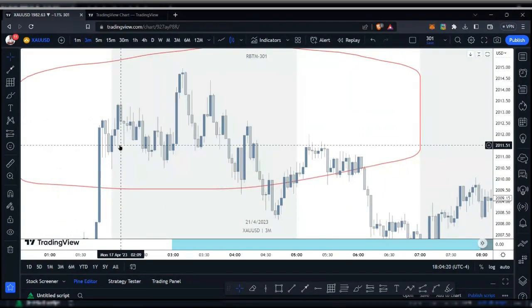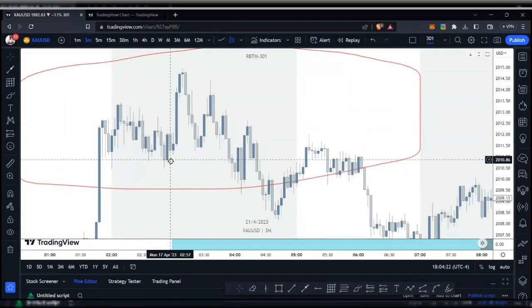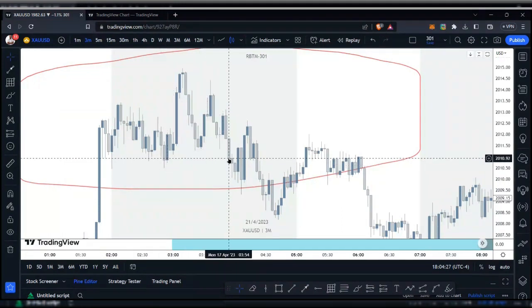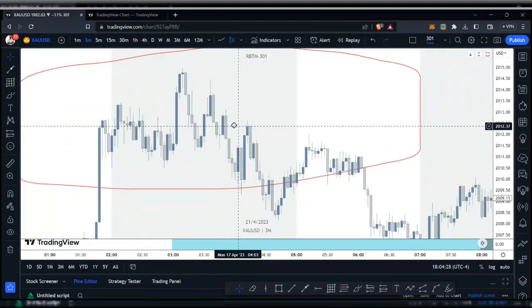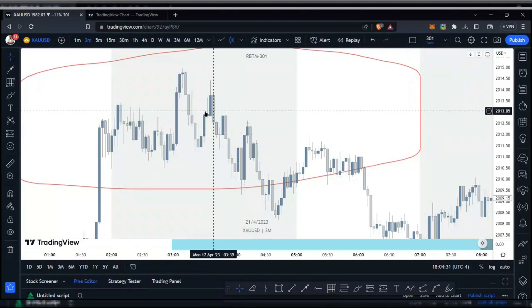So on 3 minutes, this was still that low. As our price broke this low, right? I guess it made sense for them to come into this place.